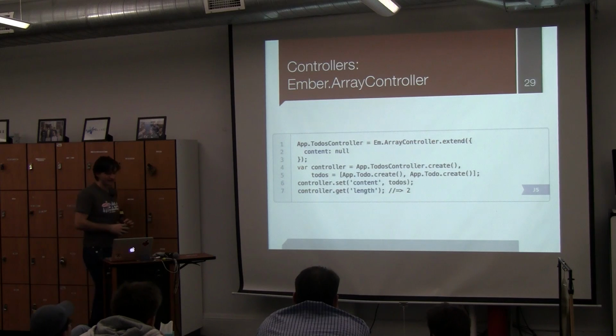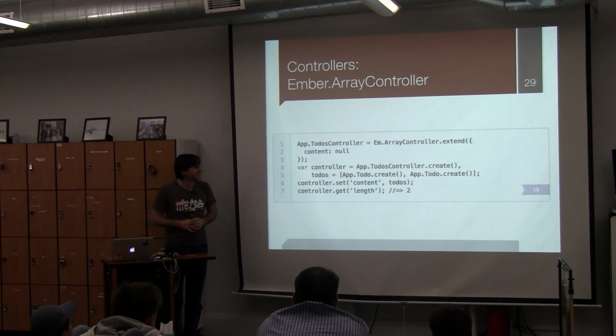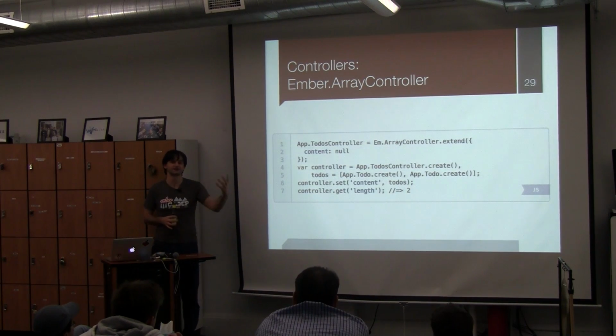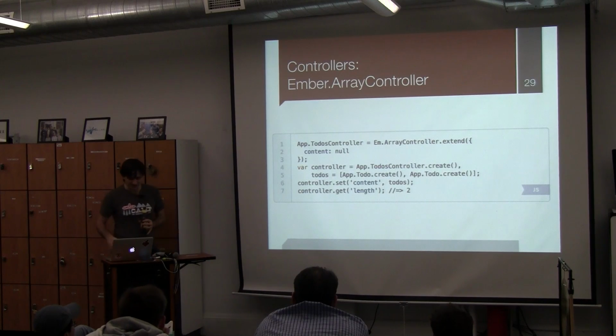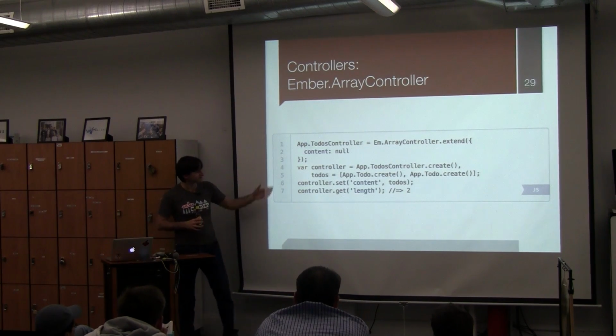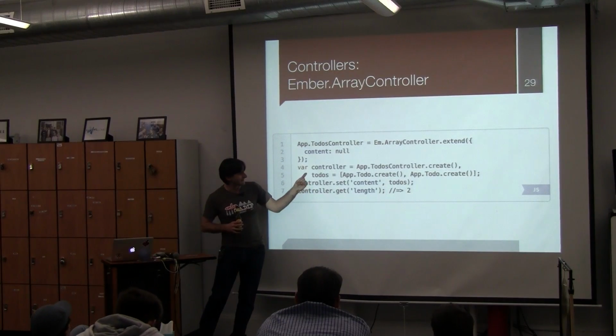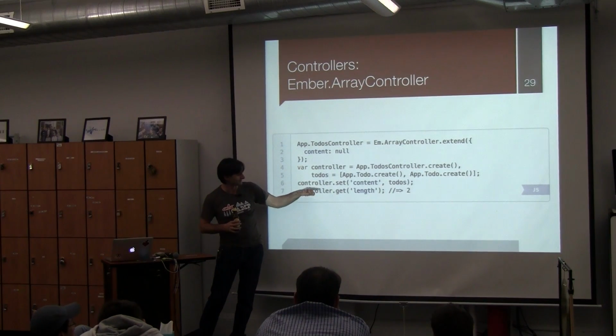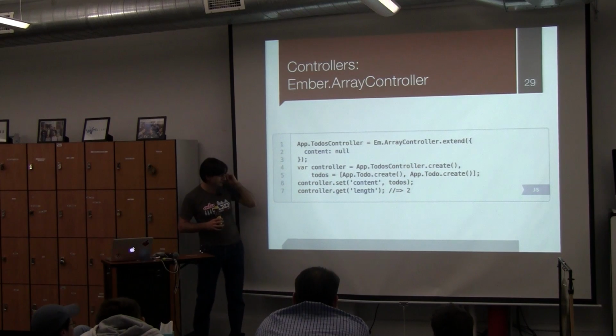So this is where array controller comes into play. An array controller is going to work similarly to object controller in that it's going to proxy an array. And so here we can say we're going to create an instance of to-dos controller, which is a subclass of array controller. And then we're going to create an array of to-dos, and we're going to set the content of the controller.